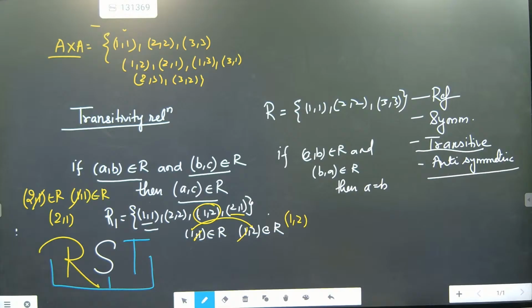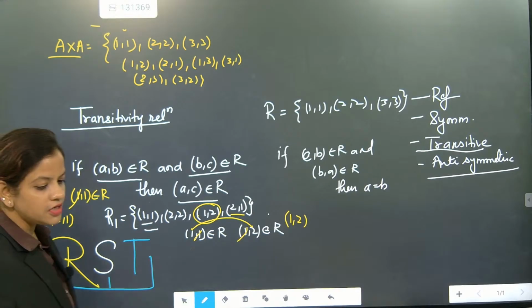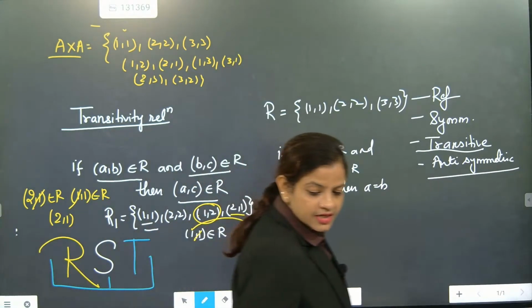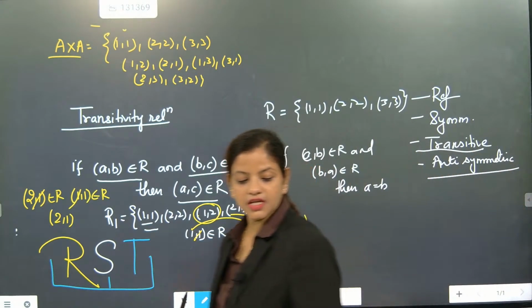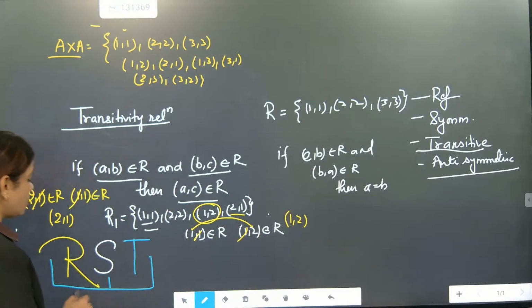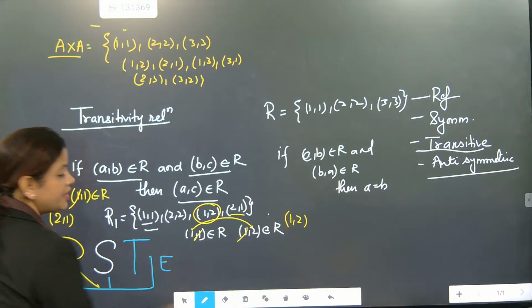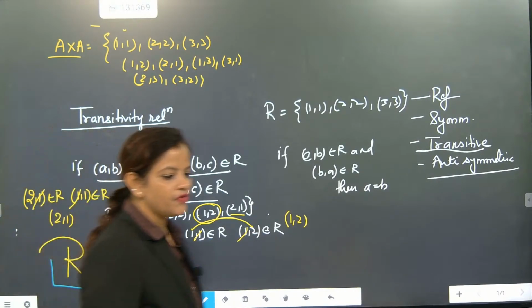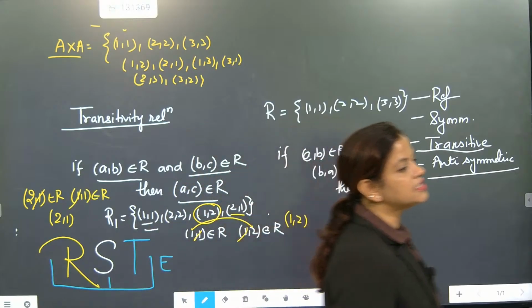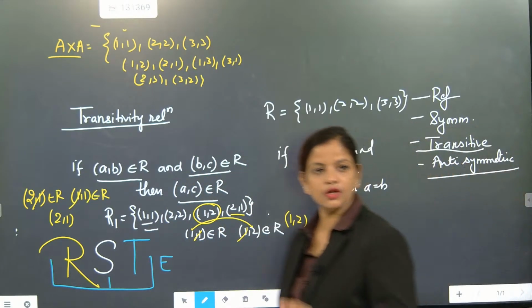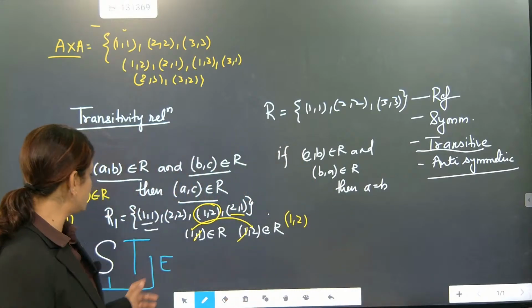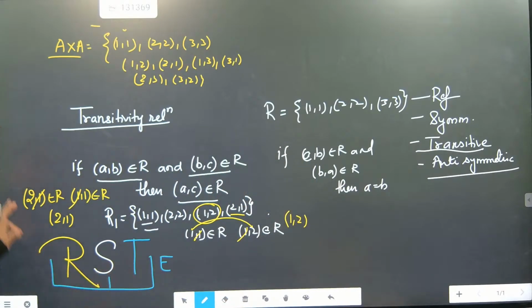When all three are together, reflexive, symmetric, and transitive, it is an equivalence relation. The equivalence relation part is most important, and we are going to do the equivalence relation section very carefully.